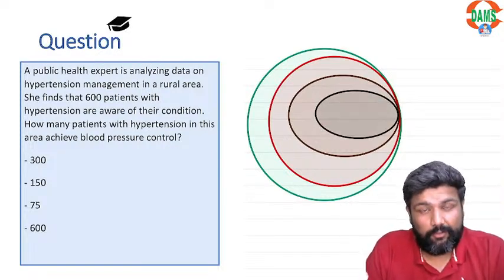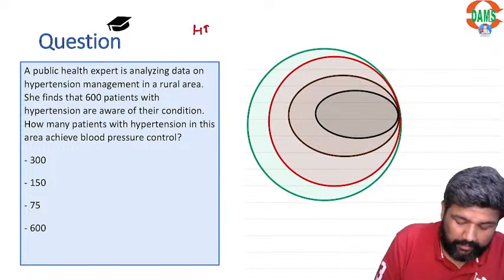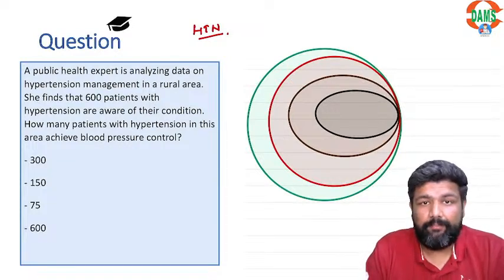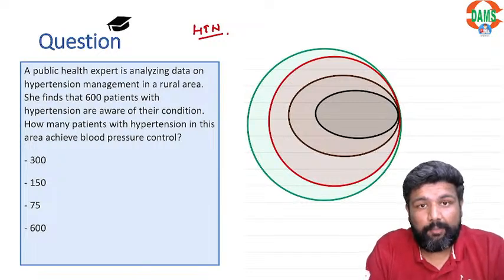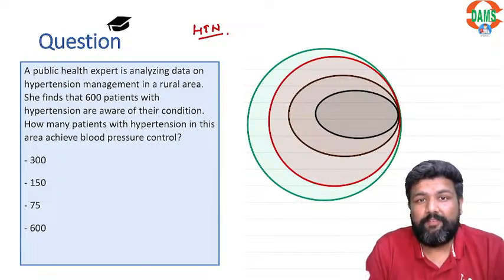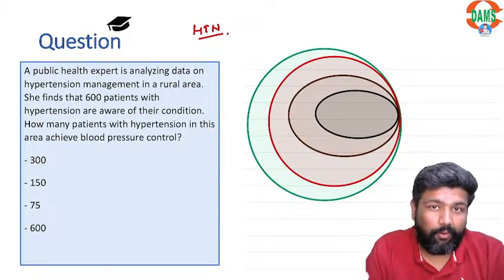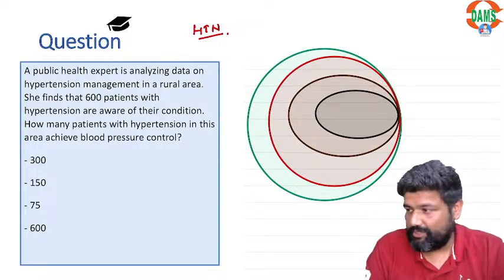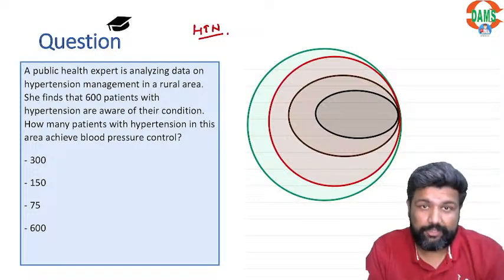Guys, first of all, rule of half is only and only for hypertension, not all NCD. 50% population is not suffering from cancer. It is not applicable for all NCD. It is only applicable for hypertension.